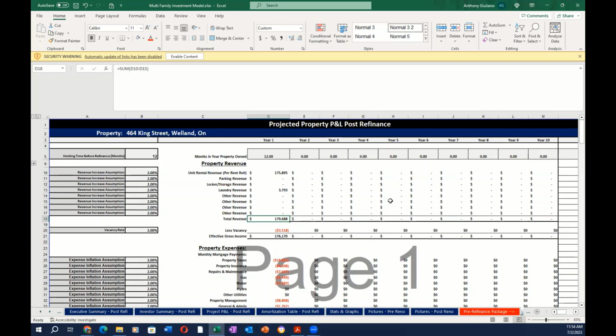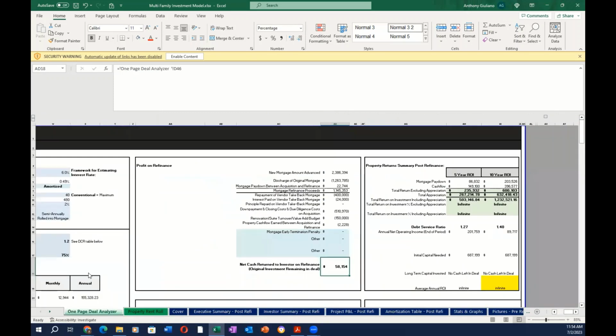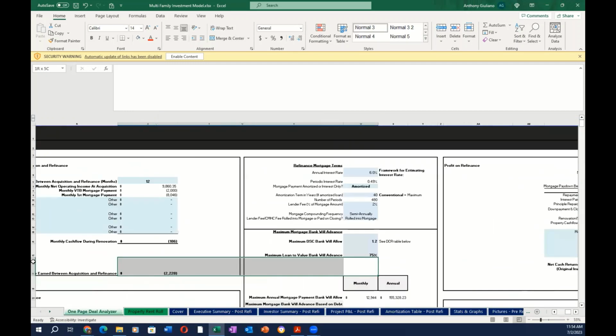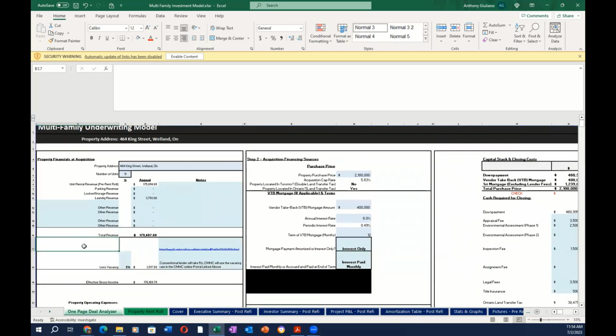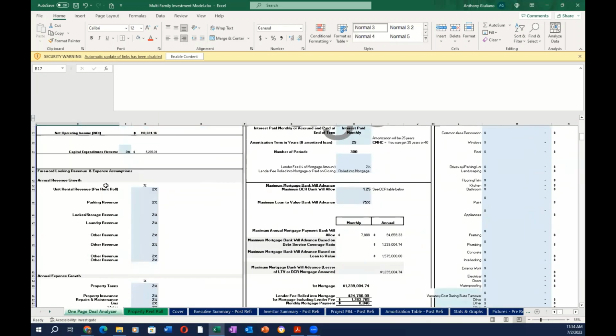if the plan is just to buy and hold the property, well, you don't really have to go through the whole refinance section of the model. You can just cut it off at the acquisition, enter your initial P&L, and enter your rent increase assumptions, and your revenue and expense increase assumptions. So remember when we initially were going through the acquisition section, I had revenue and expense growth percentages.